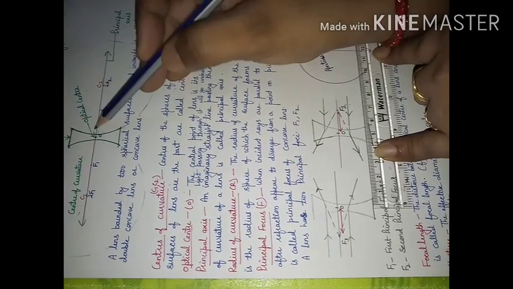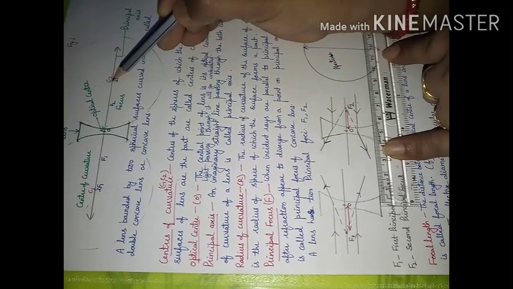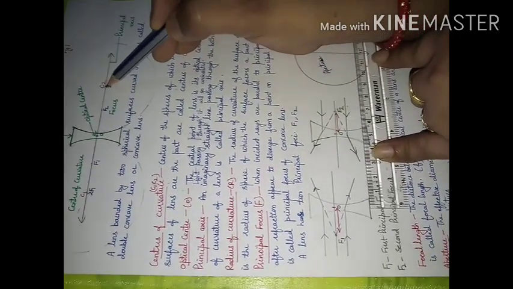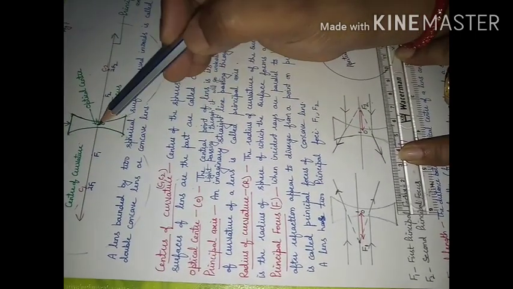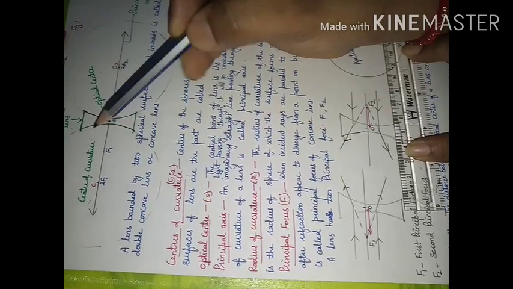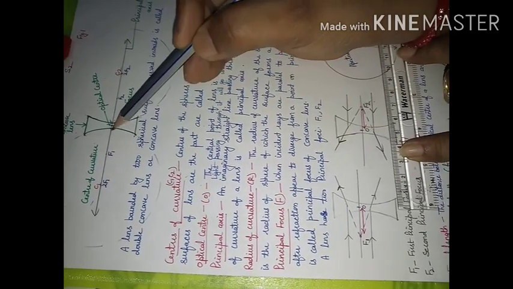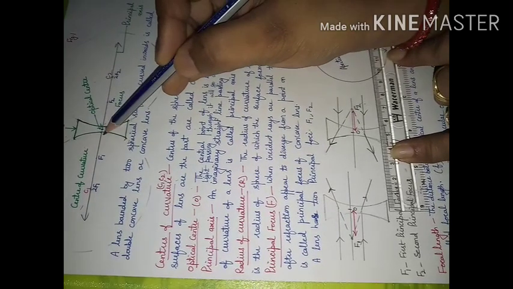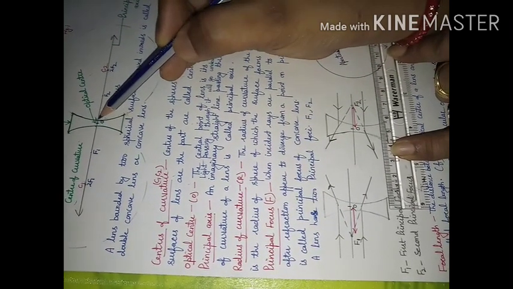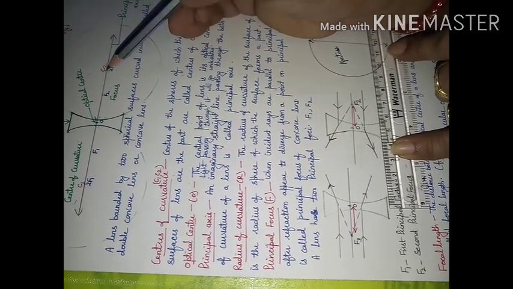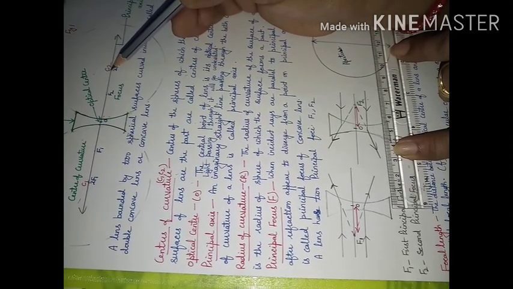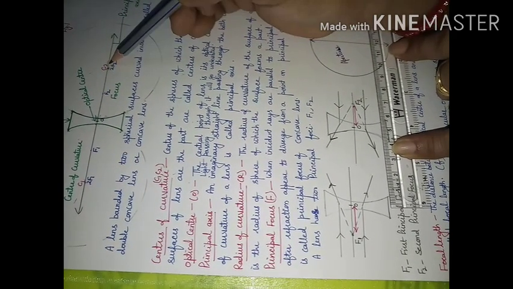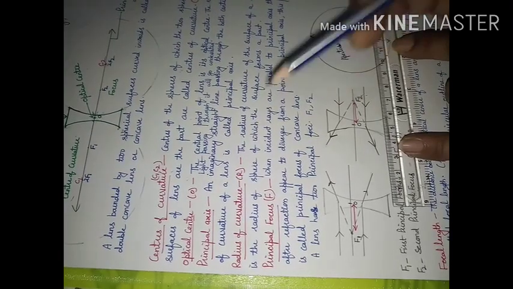For this sphere, this gap is the radius of curvature from this side to this side, and for this sphere, this distance from this point to this point will be known as the radius of curvature. For a thin lens, this is very thin, so we can consider the distance from this surface to this, or the distance from point O to C2. Both are going to be the same, and it is represented by r.